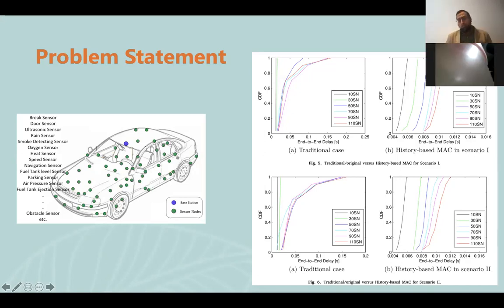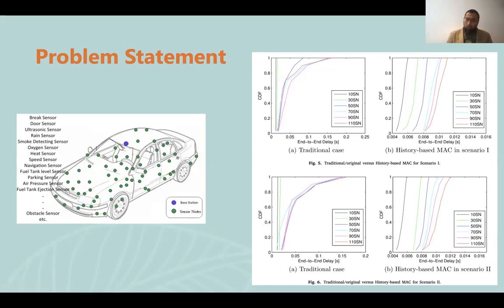When we are doing one-hop communications, the MAC layer can play a role, so we are using the existing CSMA/CA technique. What we noticed is that when the number of nodes is increasing and the traffic load is high, the existing CSMA/CA is not performing well. So this is our finding.